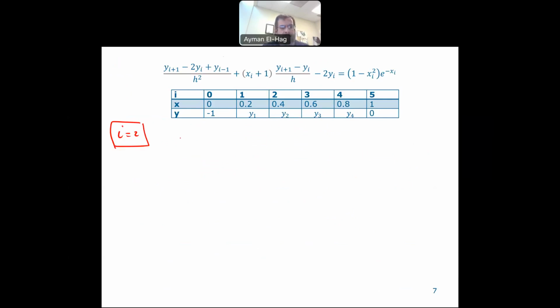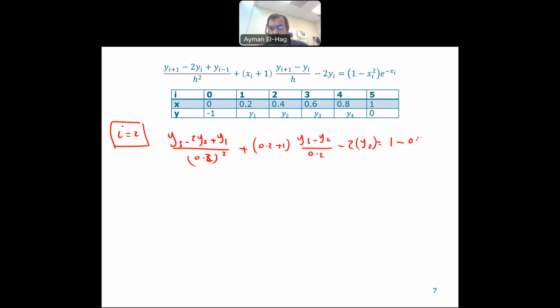Substituting here, y3 minus 2y2 plus y1 divided by 0.2 squared, plus 0.2 plus 1, y3 minus y2 over 0.2, minus 2 times y2, equal to 1 minus, now x_i is equal to 0.4, 0.4 squared times e to the power of minus 0.4.